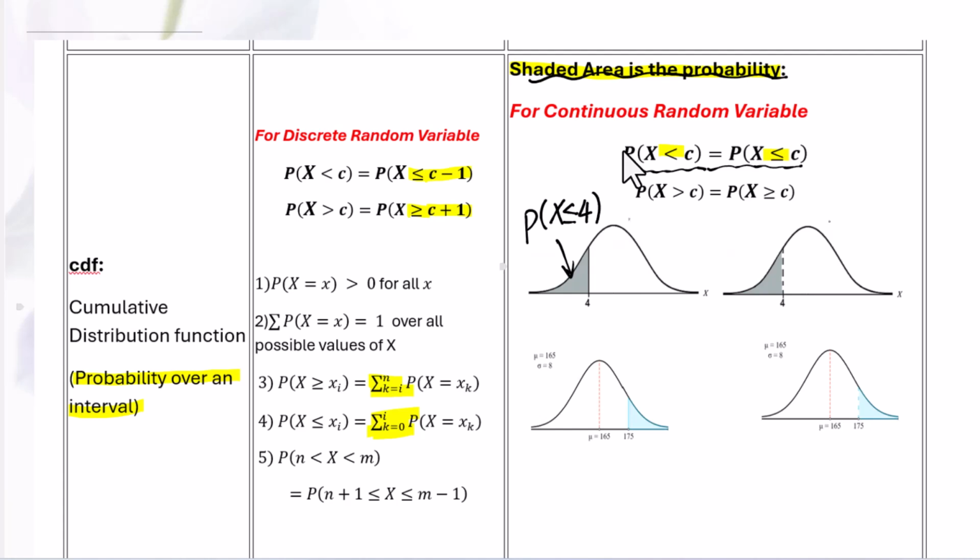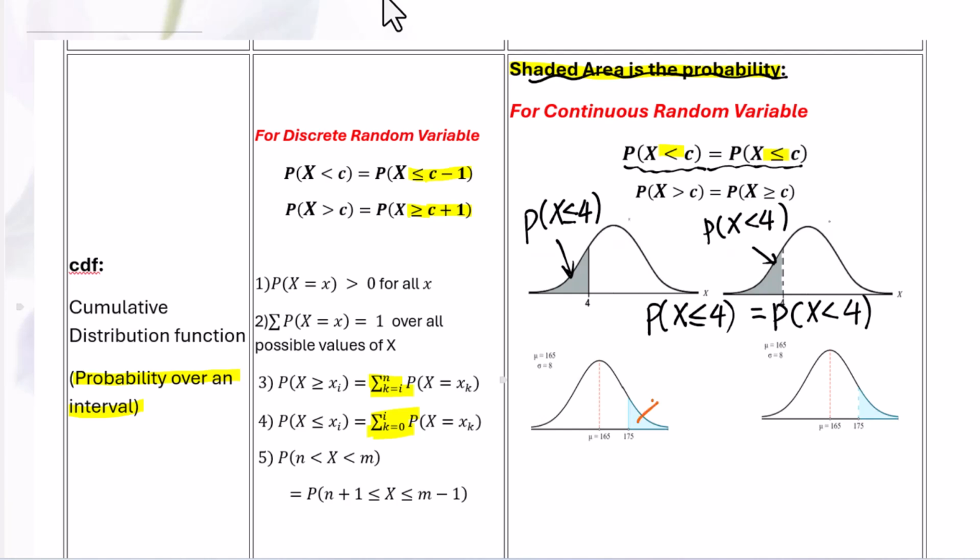This shaded area means the probability of x less than 4. Since the shaded areas are equal to each other, the probability of x less than or equal to 4 equals the probability of x less than 4.